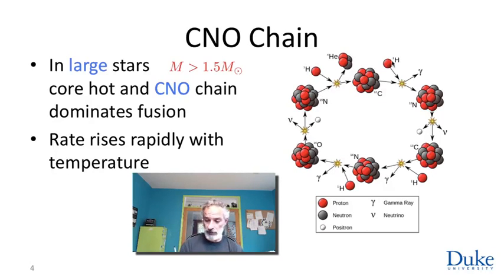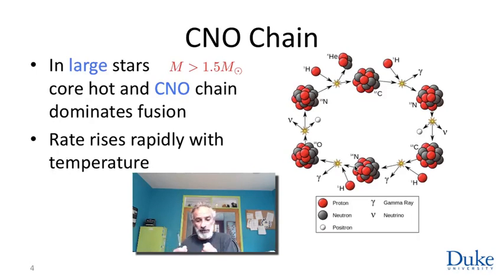So the net result is 1, 2, 3, 4 protons go in, 2 weak decays take place, and a helium atom is spat out. The carbon is recycled in this process, so it's not being fused into anything. But at higher temperature, this process goes much faster than the PP chain. The point is that the rate at which this process goes is much more temperature dependent than the rate of the PP chain, basically because to start it all off, and at several stages in the middle, you need not to bring two protons close together overcoming their electrostatic repulsion.